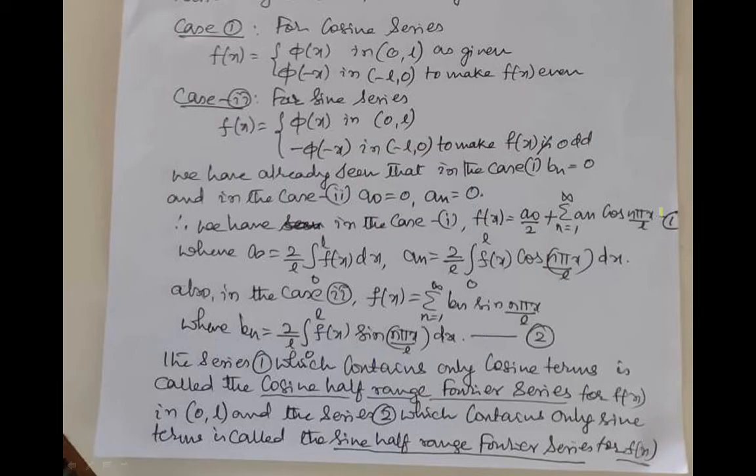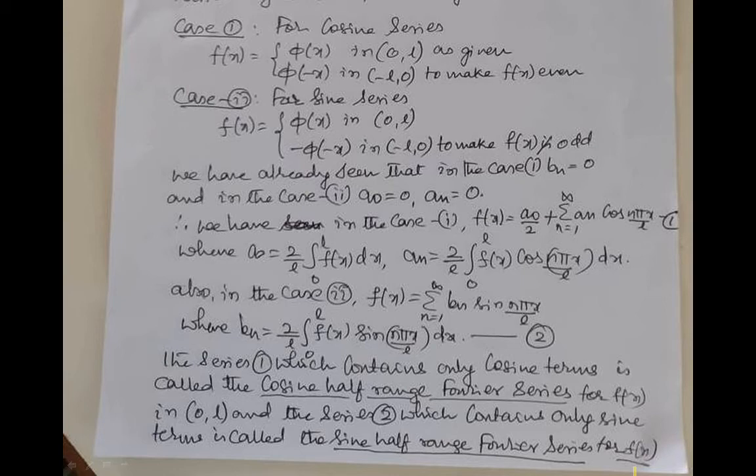Series 1, which contains only cosine terms with a constant term, is called the Fourier cosine half range series, and series 2, which contains only sine terms, is called the sine half range Fourier series of f of x.